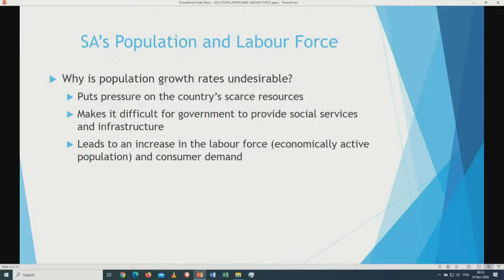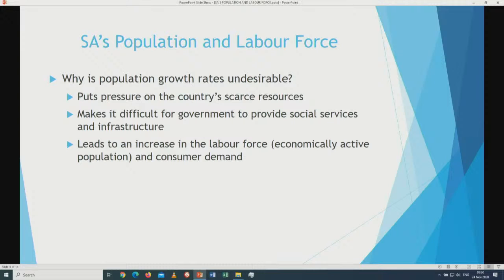So this factor is not necessarily a negative factor, but it is also the reason why population growth rate is undesirable.